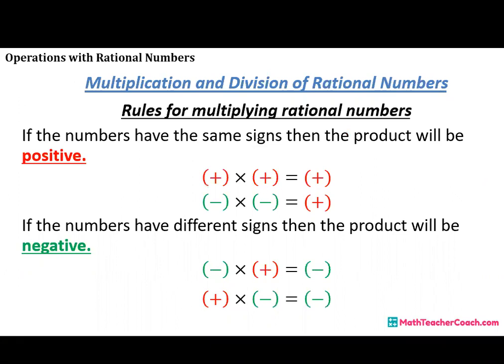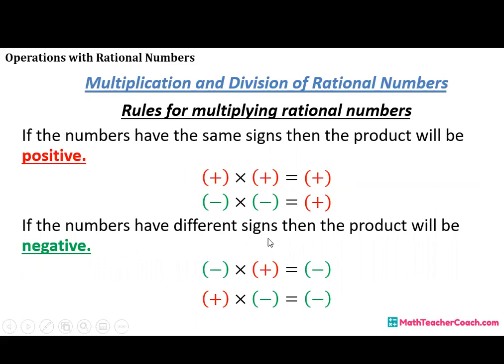At the beginning, we have to revise together the rules for multiplying rational numbers. If the numbers have the same sign, then the product will be positive, which means positive times positive will be equal positive. Negative times negative, the answer will be equal positive.